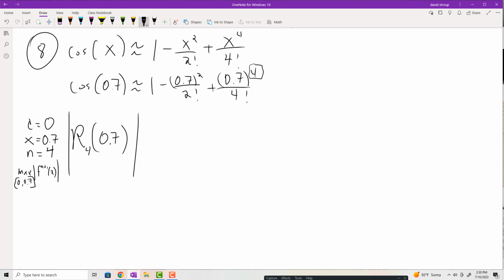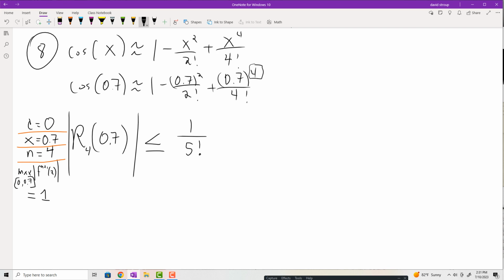Okay. Fortunately for this case, it is just this cosine function. Okay, so we're just going to say 1. Okay, and that's kind of, you know, the deal. You'll go through these 4 things, figure out what they are, and then populate your remainder theorem. So this will be less than or equal to 1 all over n plus 1 factorial, which will be 5 factorial.